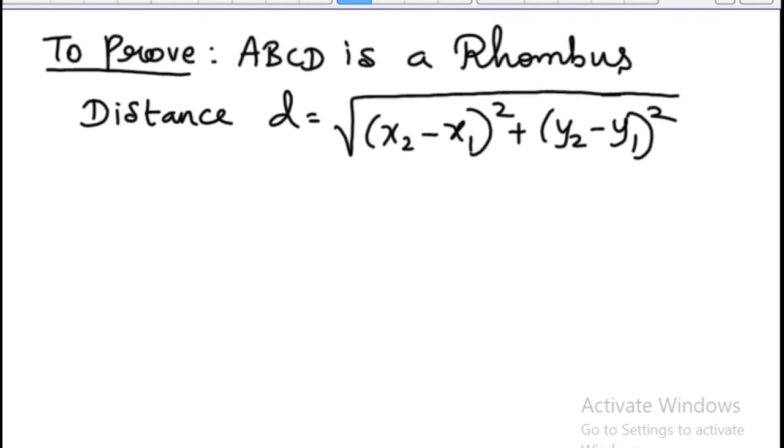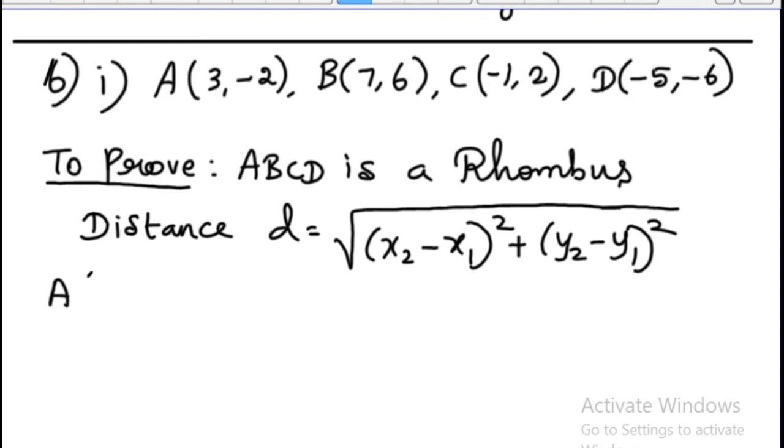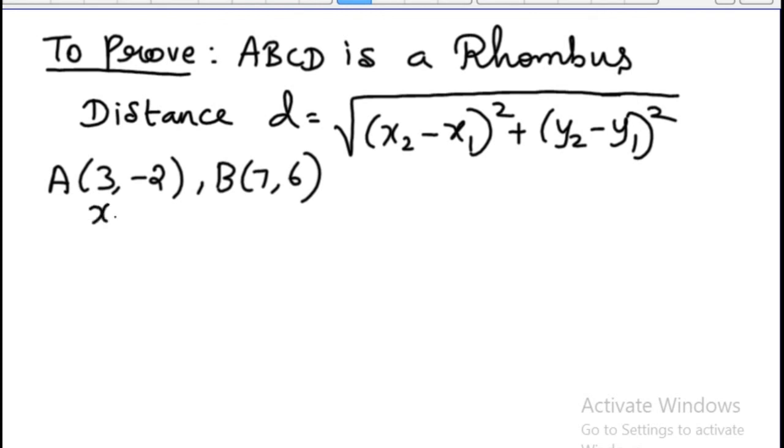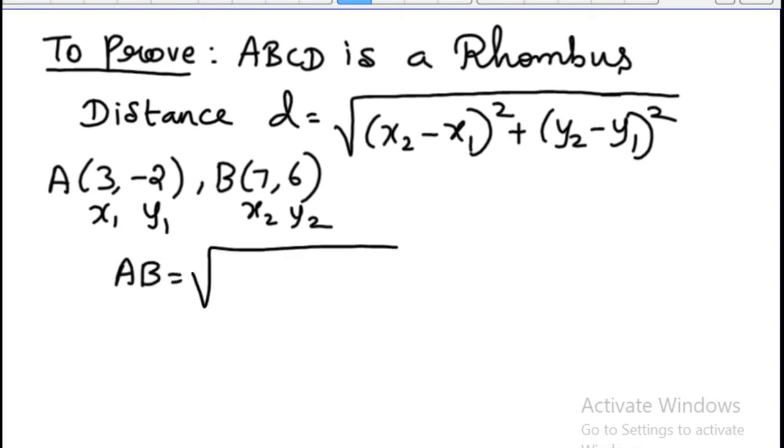So first we are going to find AB. What is A? A is 3 comma minus 2 and B is 7 comma 6. So this is x1, y1 and x2, y2. Therefore AB is equal to root of 7 minus 3 whole square plus y2 is 6, minus y1 is minus 2, so it becomes plus 2 whole square.